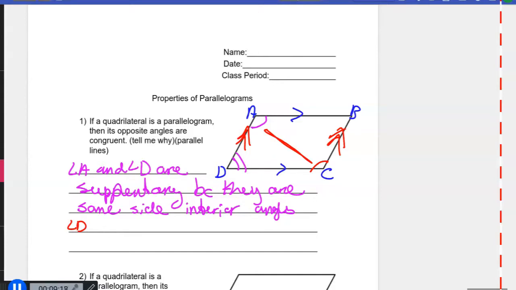Angle A and D are supplementary, so also angle D and angle C are supplementary for the same reason, because they're same side interior angles. So angle A has to be congruent to angle C, and they're opposite angles. Okay, so we just showed why opposite angles of a parallelogram have to be congruent. It's all about the parallel lines.